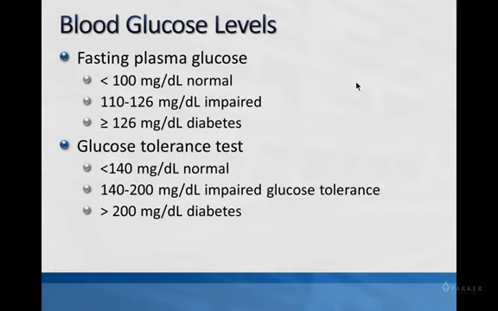Anywhere between 110 and 126 milligrams per deciliter indicates you have impaired blood glucose, which would lead a physician to want a glucose tolerance test to double check whether it's truly impaired or the person has diabetes. If it's greater than or equal to 126 milligrams per deciliter, you have diabetes.